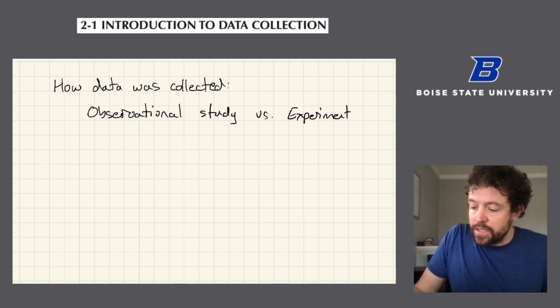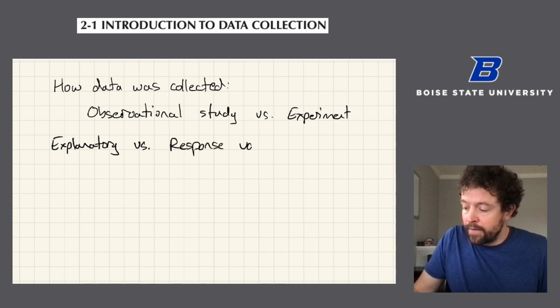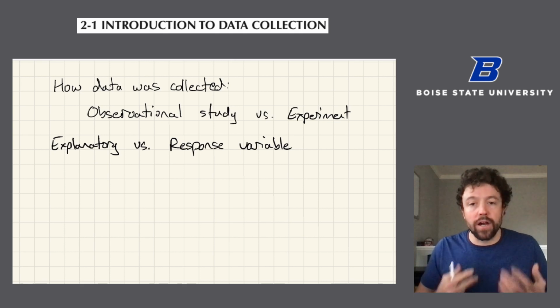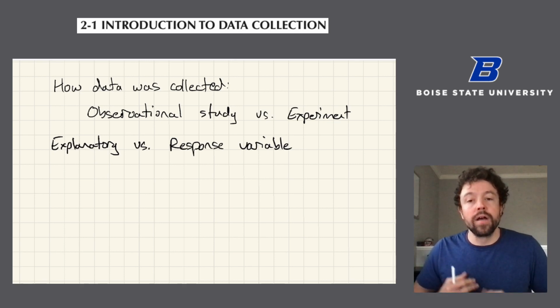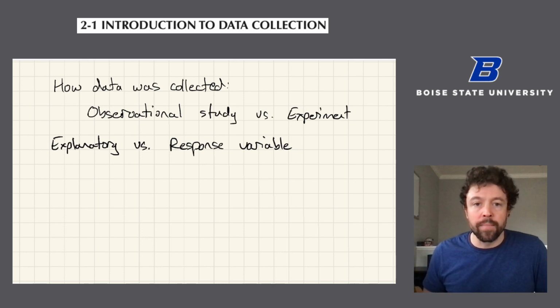And in that situation, we have this notion of an explanatory variable versus a response variable. So an explanatory variable is one that in some sense explains a response variable. It doesn't necessarily cause it to have a certain value, but understanding the value of the explanatory variable will tell you something about the value of the response variable.